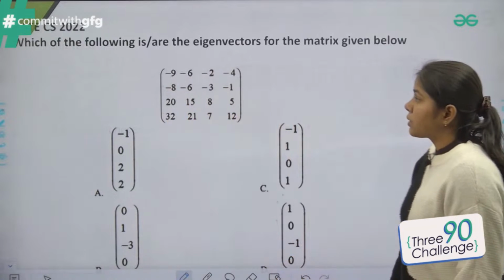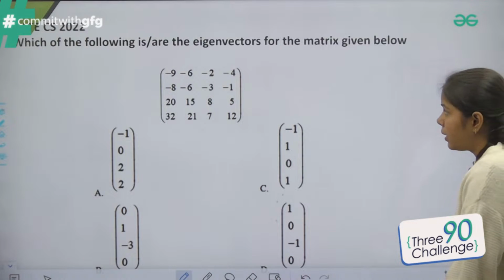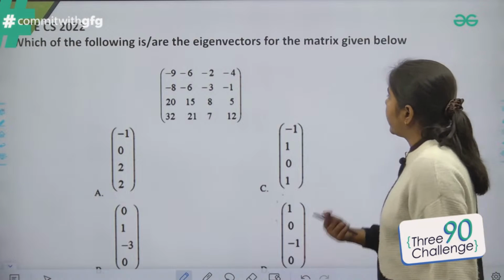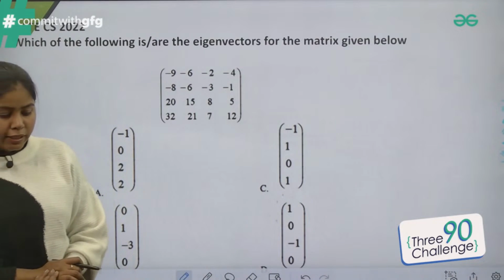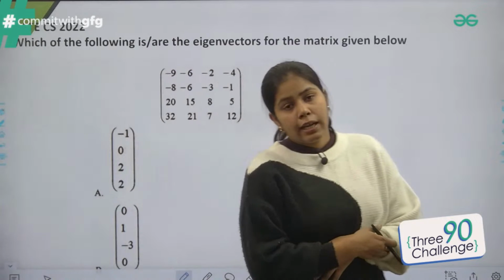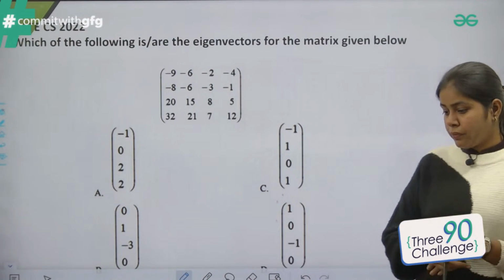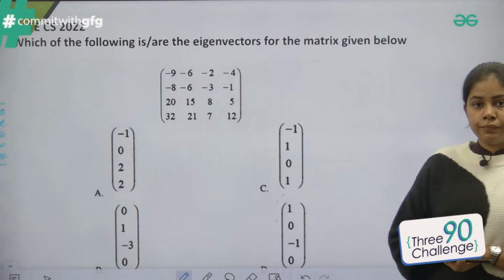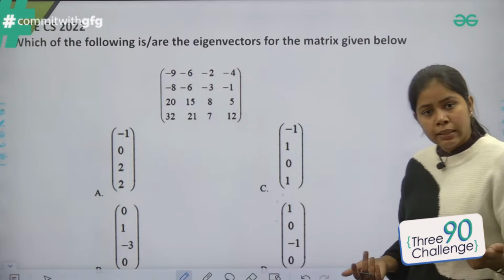Yeah. So guys, this is a question from GATE CS 2022. It says: which of the following is an eigenvector for the matrix given below? Again, same thing.